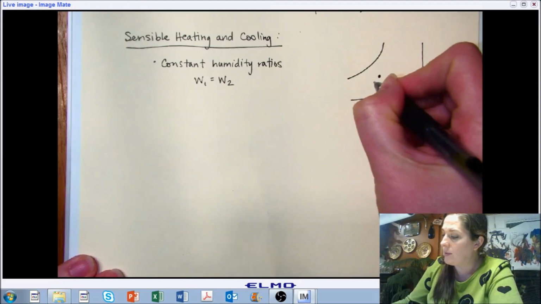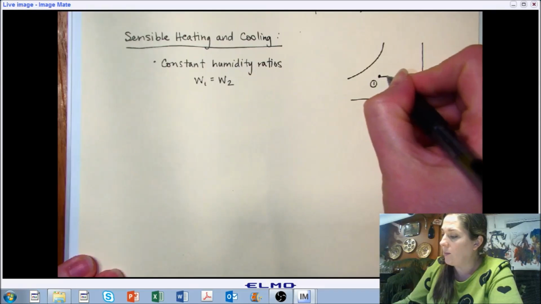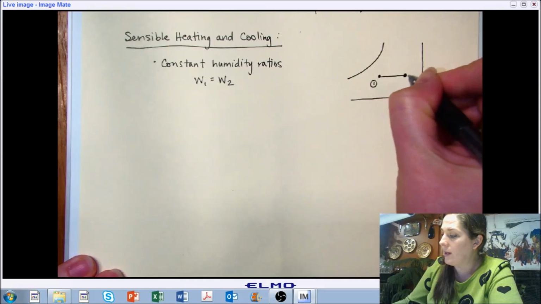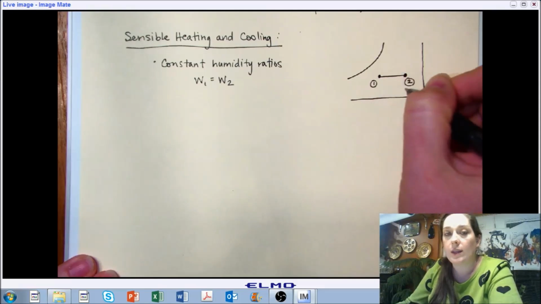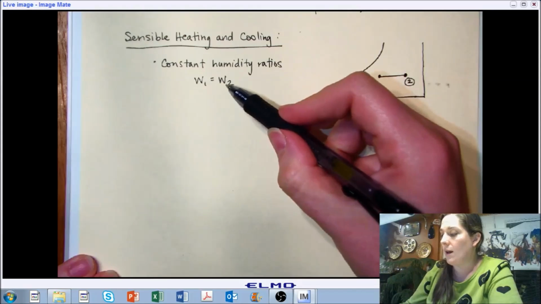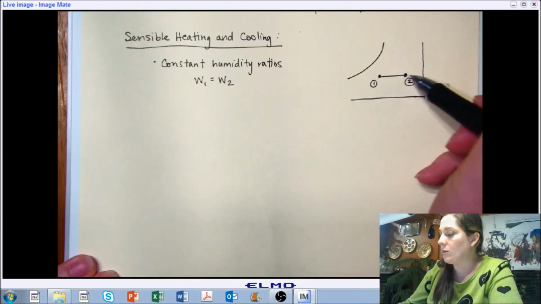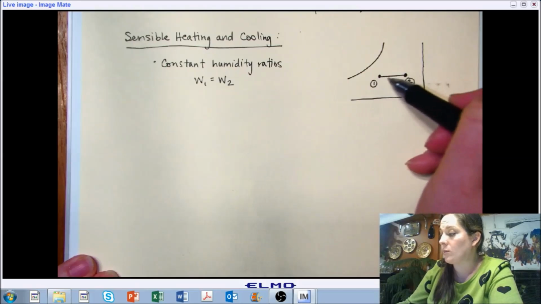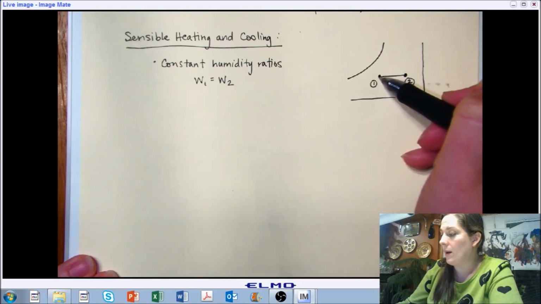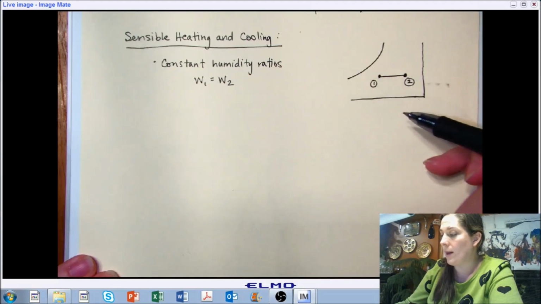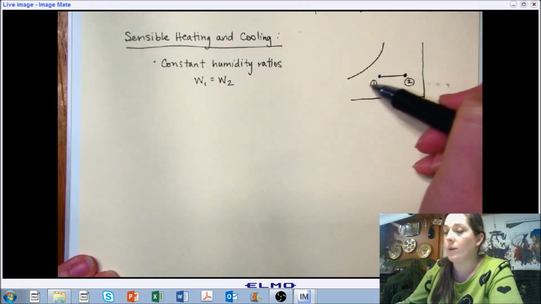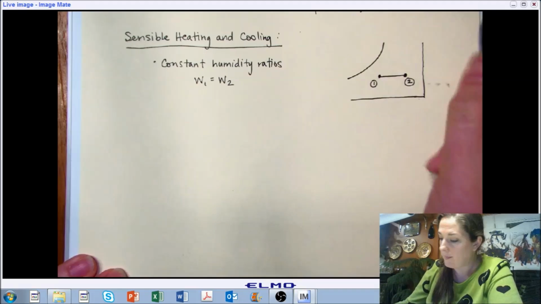And so we're going to have a state point 1, and we're going to make that horizontal line, and we're going to move to 2. So when we're doing sensible heating and cooling, there is no latent component. So we do maintain constant moisture within, absolute moisture within our air, and we change the temperature by increasing if we're heating or by decreasing if we're cooling.